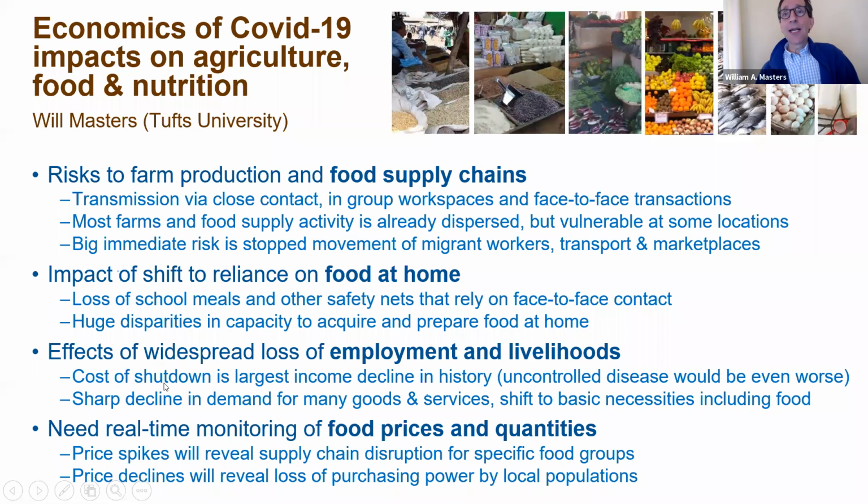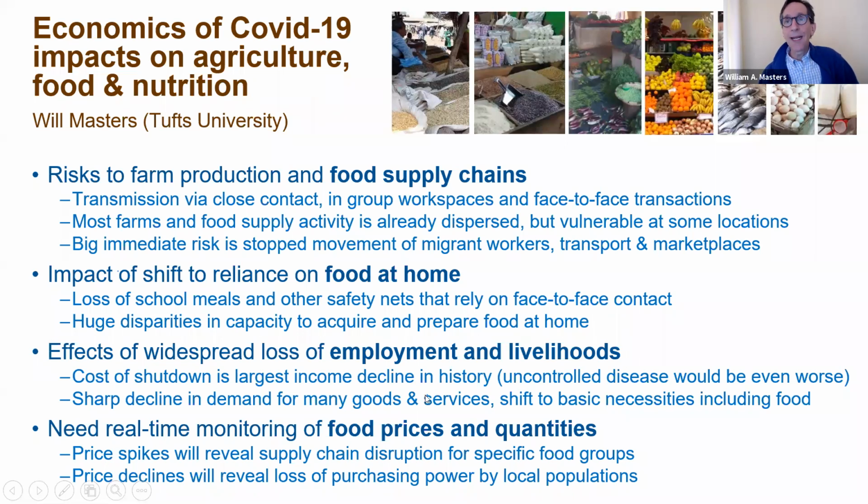The big shock here really, on the economic side, is this massive synchronized simultaneous decline in employment and livelihoods. We have to keep in mind, this is the largest income decline caused by one event in all of human history, because it's synchronized in place. If one particular industry, one particular group faces a declining income, well, that can be made up for by social insurance and other kinds of safety nets among people.